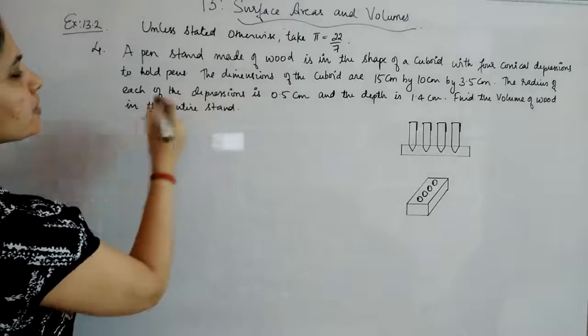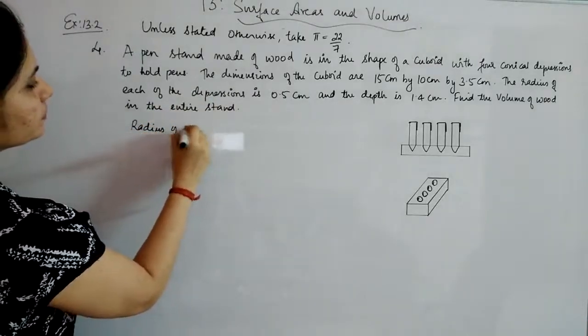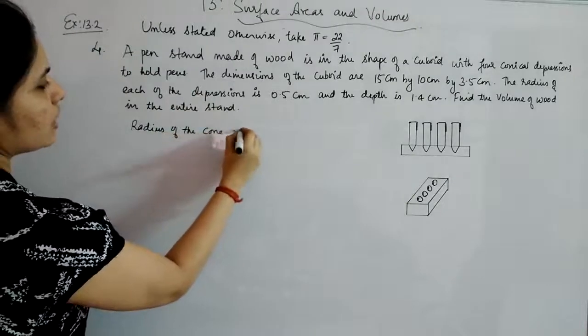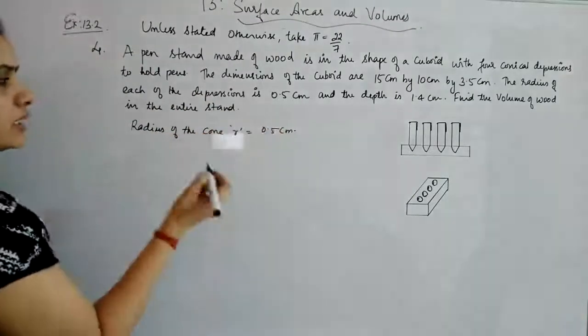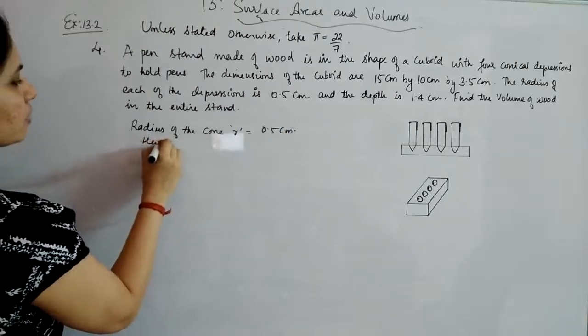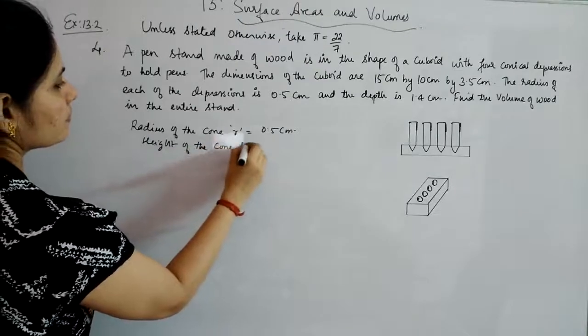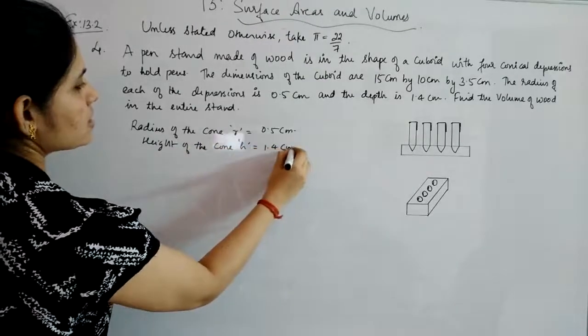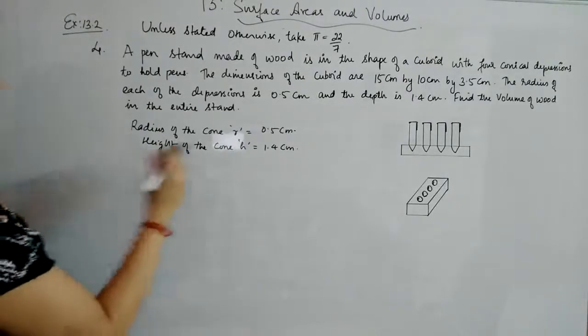The radius of each depression is the radius of the cone, r is equal to 0.5 centimeter, and depth is acting as the height of the cone. The height of the cone is 1.4 centimeters.